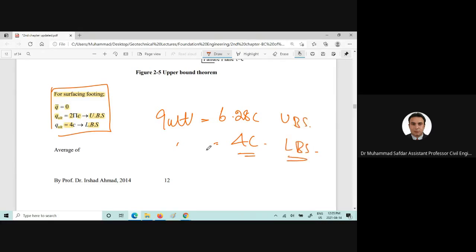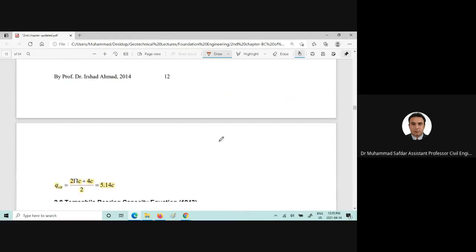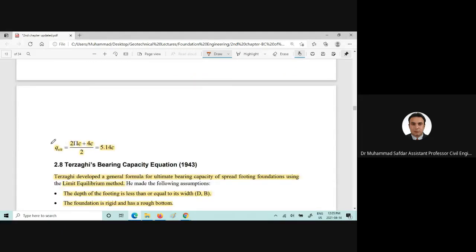You can note down these equations, these are important. Now, if you want to find the average of the two, you can simply add 6.28 C plus 4C divided by 2.